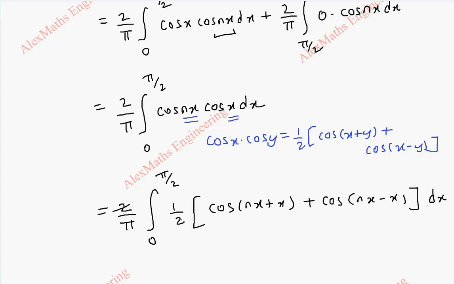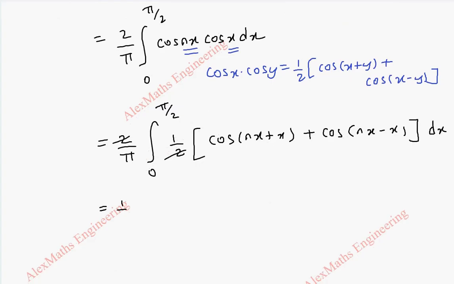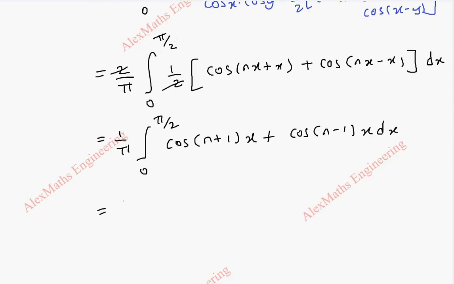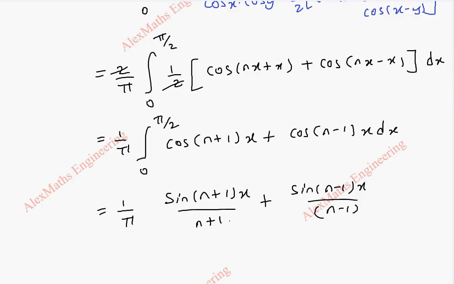So we can cancel these two. Then we are left with 1 by pi integral 0 to pi by 2. Taking x common, we get cos (n plus 1)x plus cos (n minus 1)x dx. Integration of this will be sin (n plus 1)x by (n plus 1) plus sin (n minus 1)x by (n minus 1), and we have a limit from 0 to pi by 2.